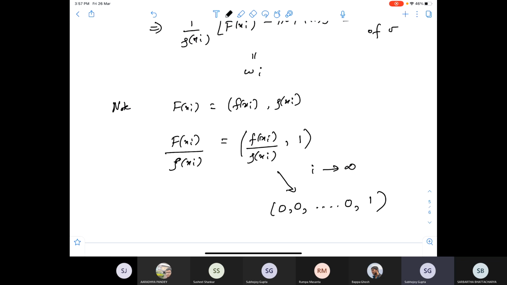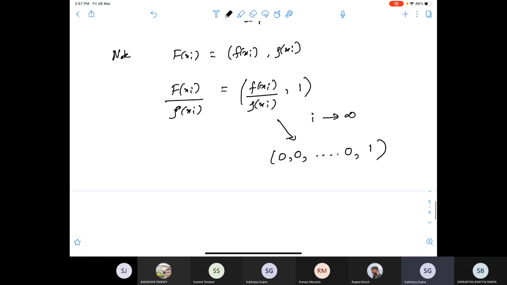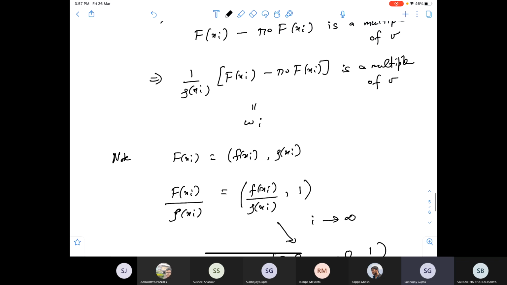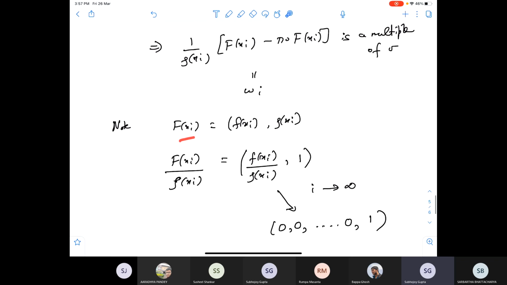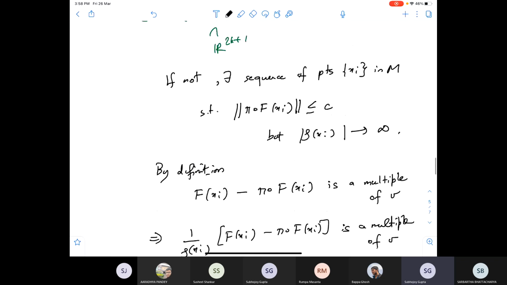Moreover, we are basically interested in where these wi's go. The first term is f of xi divided by rho of xi, so that goes to 0, 0, 1. What about the second term? The second term, pi composed with f of xi, remember that is bounded.